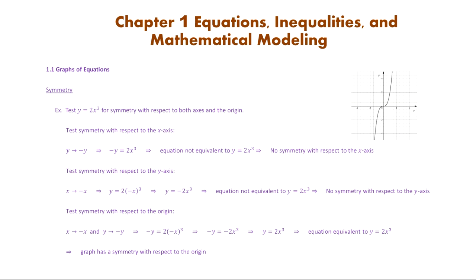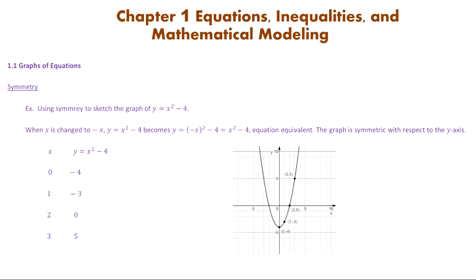And if you multiply negative 1 on both sides, you get y equals 2x cubed. So that's the same equation we had originally. So that means the graph of the equation does have the symmetry with respect to the origin. All right. And you can see the graph of this equation or function has the point symmetry.